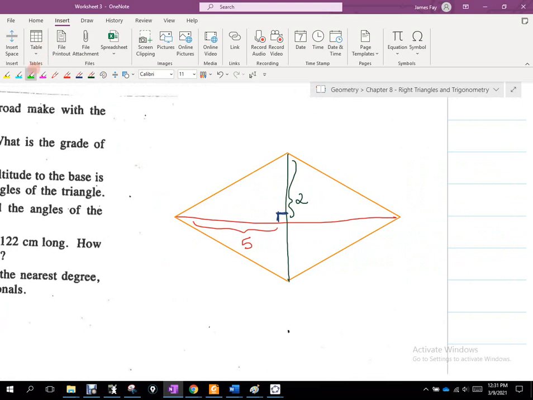Well, in order to find the angles of the rhombus, the first thing you're going to have to do is maybe find that green angle. Okay, so let's call that angle, let's just call it x. I was thinking about, you guys know your Greek letters at all? Like alpha, beta, things like that?